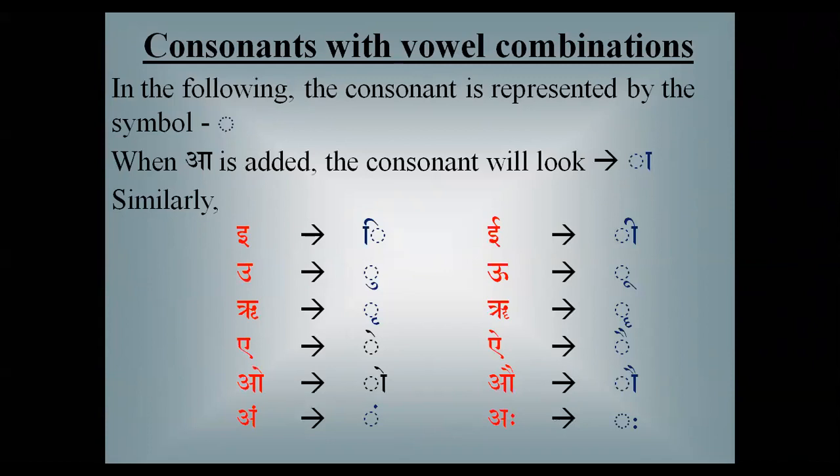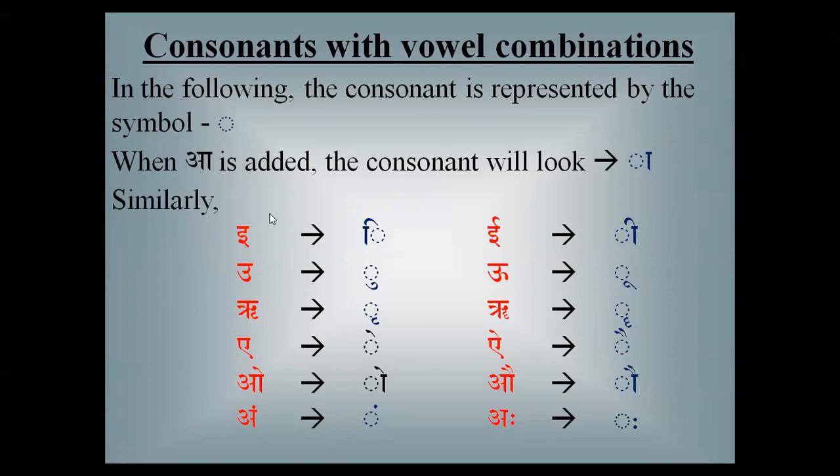Now the second vowel, A. When it is added, what happens? Then the consonant will look like this. The consonant will be there, and one more stroke to the right.